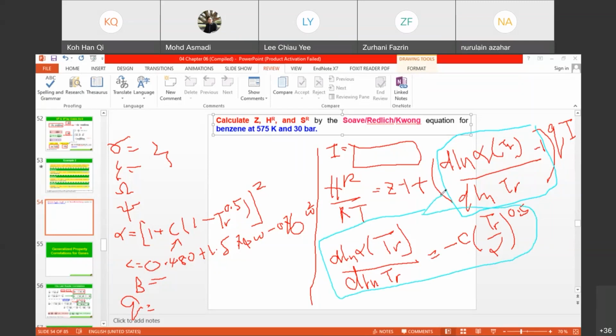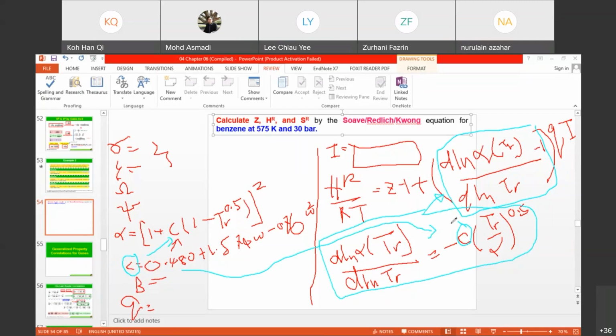Substitute into this equation, and c is equal to this one. So you can substitute here and here. You understand?